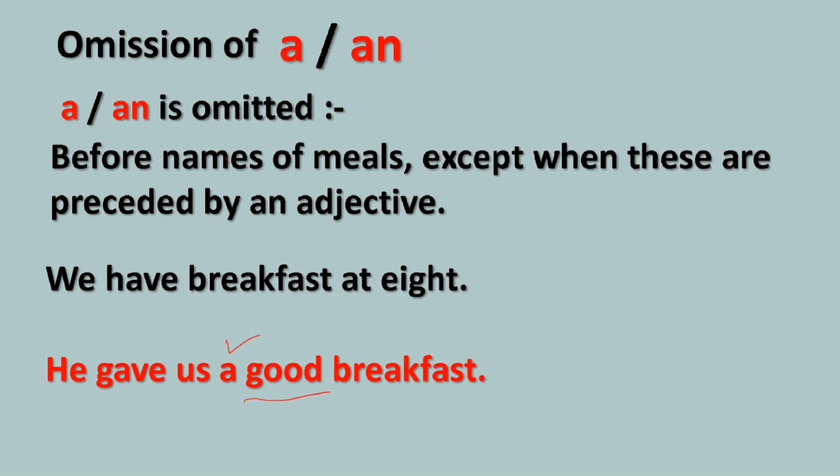So we can say he gave us a good breakfast. So here a cannot be used and here a is to be used. In the first sentence there is no adjective before the word breakfast, so we cannot use article a or an. Similarly, in the second sentence the adjective good is added before breakfast, so article a is used.